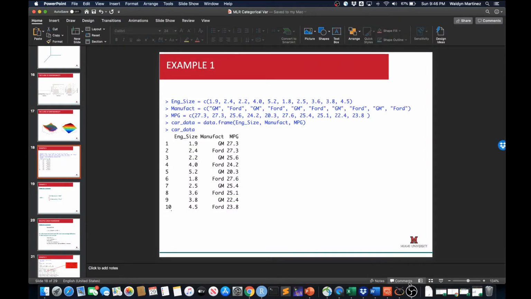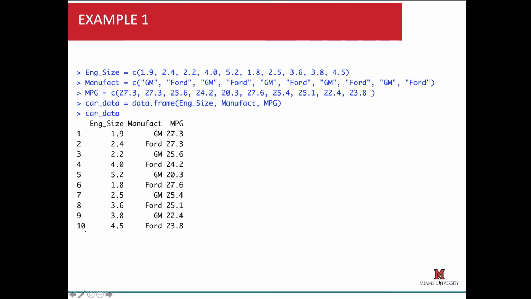Okay, welcome again. We're going to look now at an example of using qualitative variables as predictors in a multiple linear regression model. We're going to do a quick example using car data, what we call a toy data set, a data set only meant for us to practice.